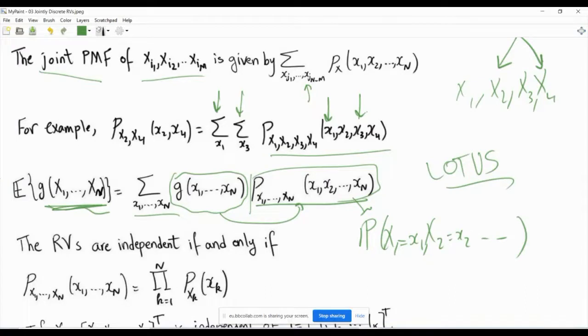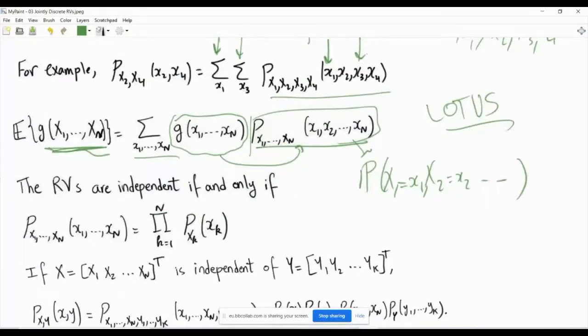Now, independence. If your random variables are jointly discrete and characterized by a joint PMF, then independence means that the joint PMF can be written as a product. Same idea as the CDF.